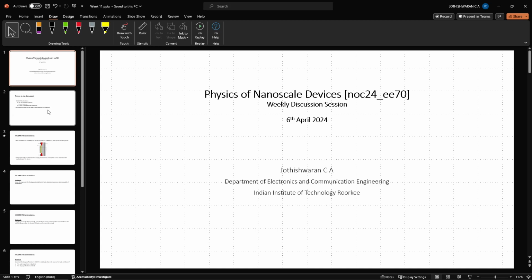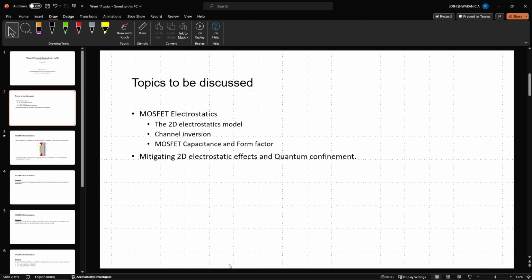So, the topics that we shall be looking at this week are primarily MOSFET electrostatics. Here we shall look at the 2D electrostatics model, and then we'll finally come around to analyzing what channel inversion means.